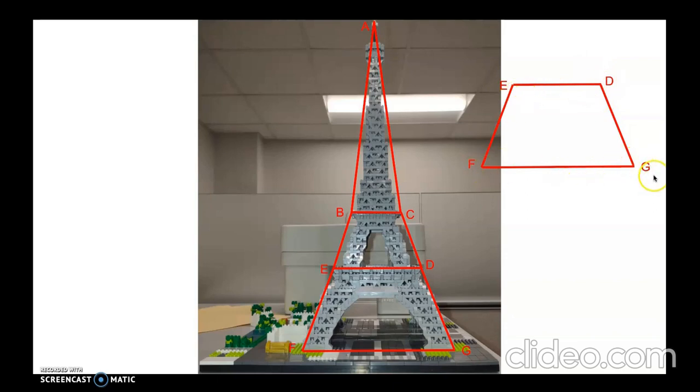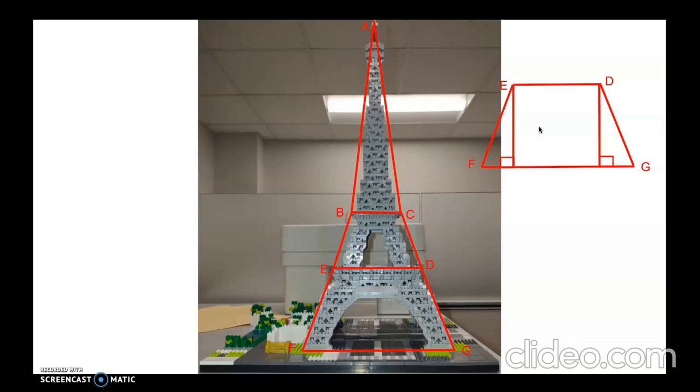DEFG, I've got that quadrilateral, and I'm going to break that up into three shapes that I know how to prove are similar. And that's just by drawing some lines down here at 90-degree angles. And so now I've got two right triangles. That should be pretty easy to prove that those are the same. And then I've got a quadrilateral in the middle here, which you've just learned how to prove that those are similar.